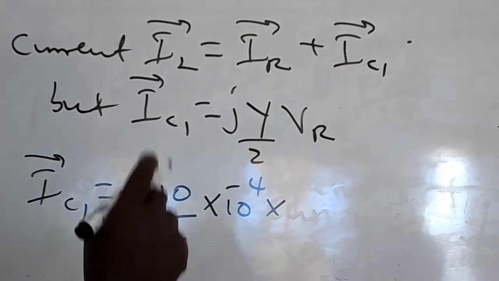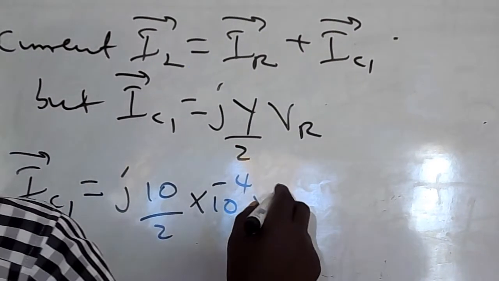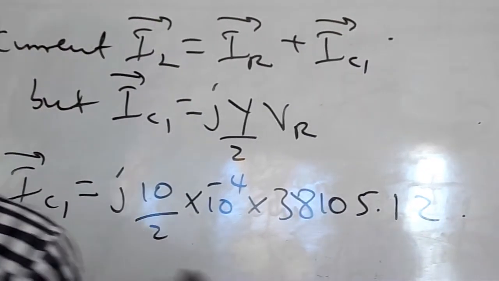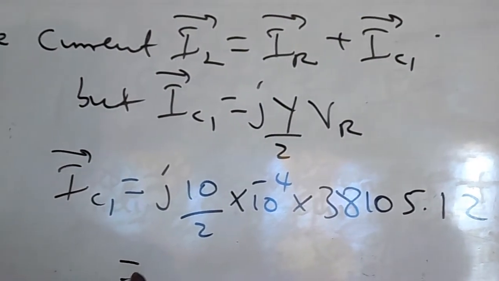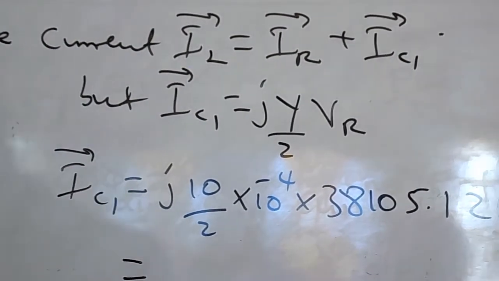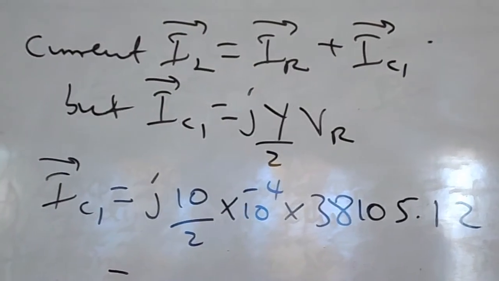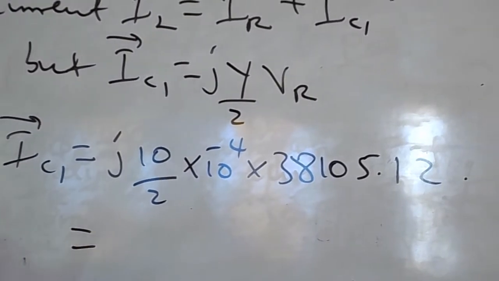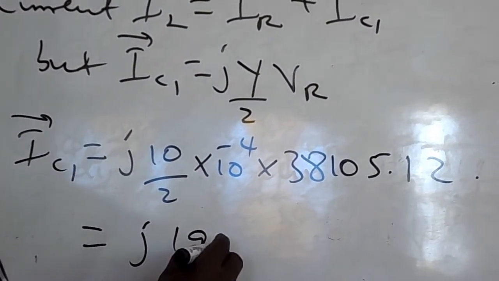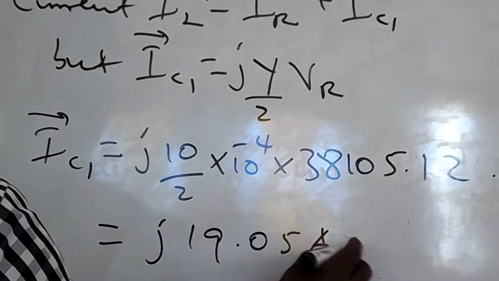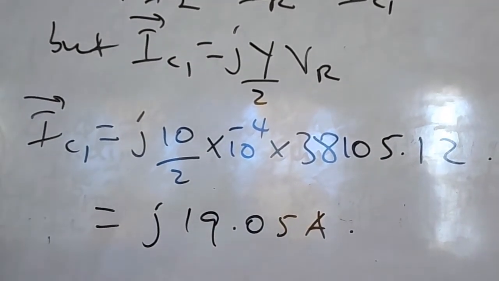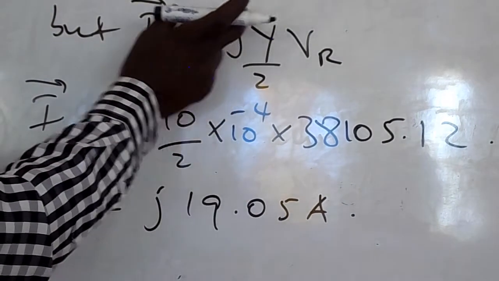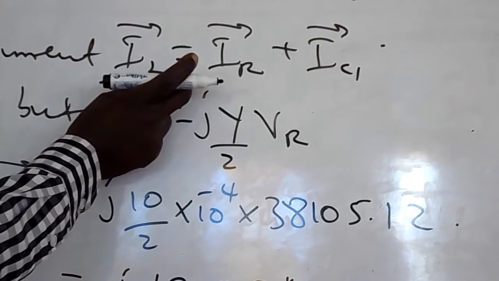And the receiving end voltage is 38,105.12. So this is calculated to give j19.05 amperes.